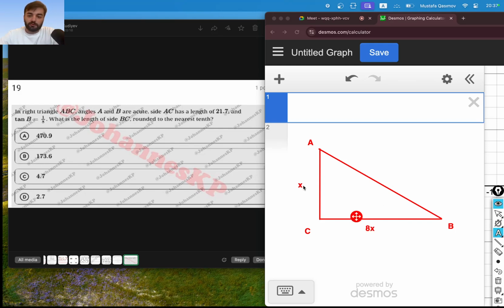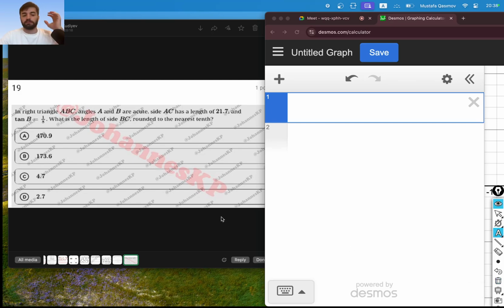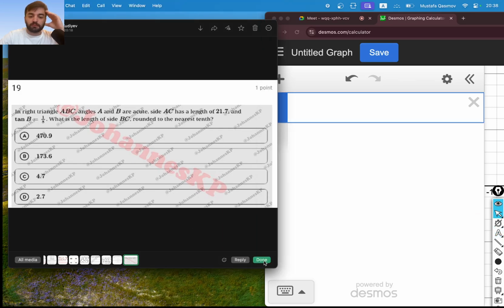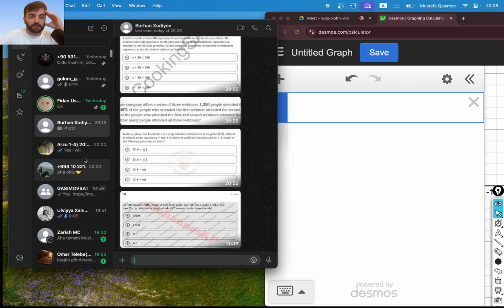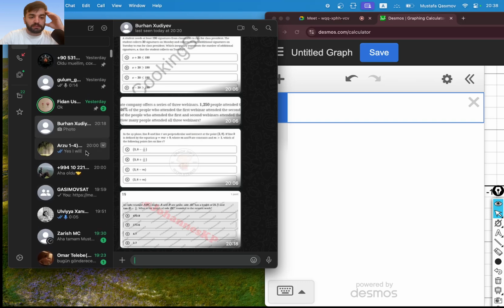And AC is equal to 21.7. So if it is 21.7, it will be 8 multiplied by 21.7, so it will be 173.6. And the answer will be B here. Any question? No, okay, understood. Thank you. Okay. If you don't have any questions, I continue from this test.